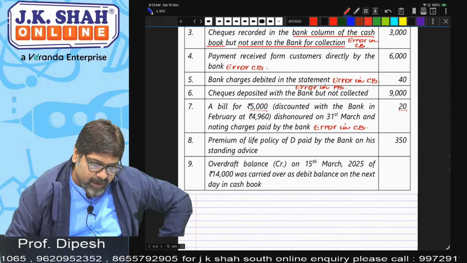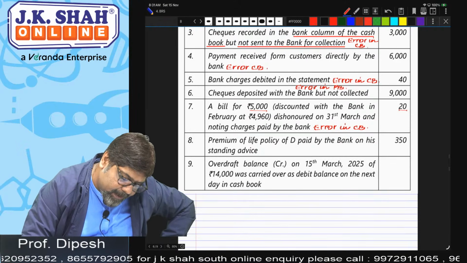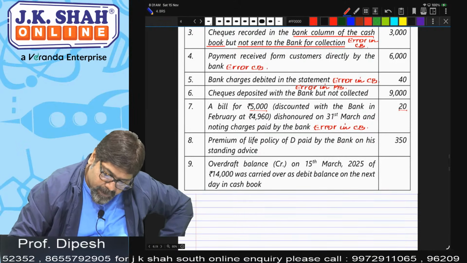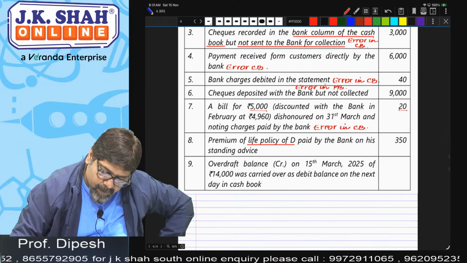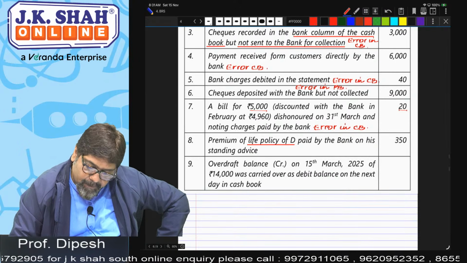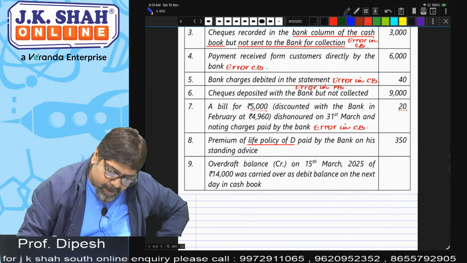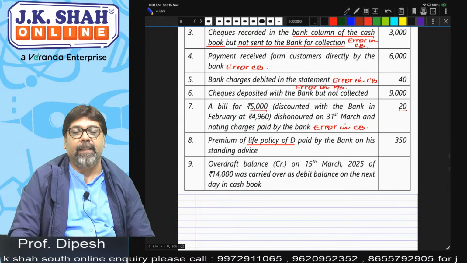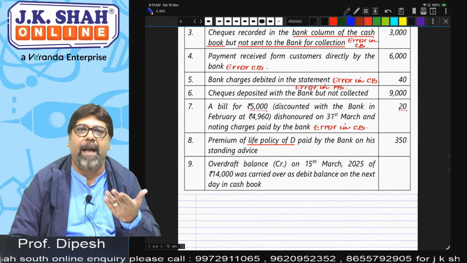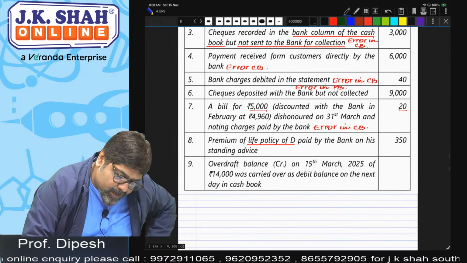Now, premium of life policy of D paid by the bank on his standing advice. That means, bank standing advice, so recorded in the passbook, not recorded in the cash book.